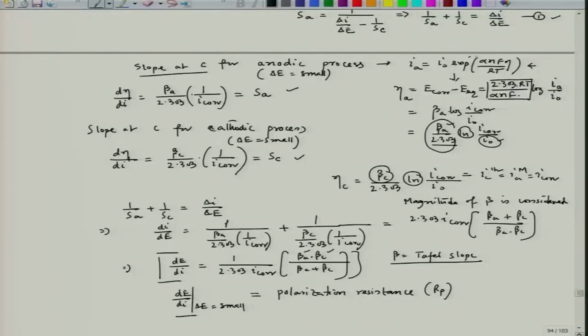So if we consider two metals in an electrolyte, and one metal has a very high Rp, we can definitely say that metal has a very high corrosion resistance in that particular solution. And if we know βA and βC for both metals, then of course we can calculate the corrosion rate in the form of Icorr. And how do we do it?